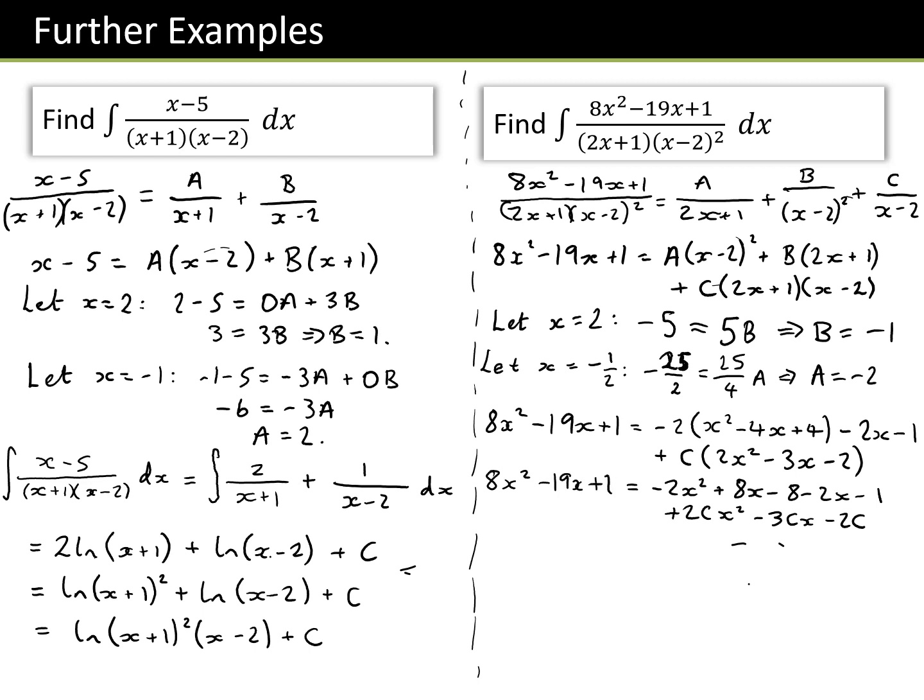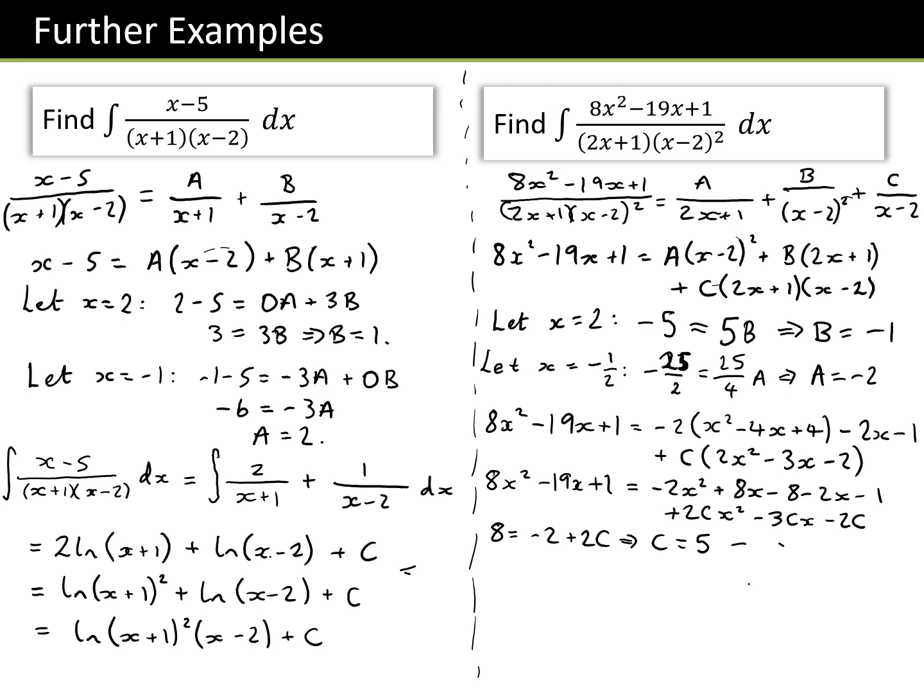Now if you compare the x squared terms, you can see that 8 is equal to minus 2 plus 2C, which means that C is going to be 5.